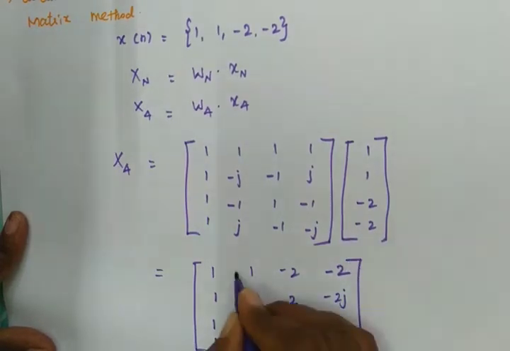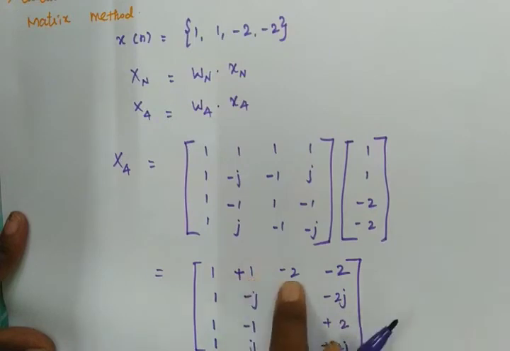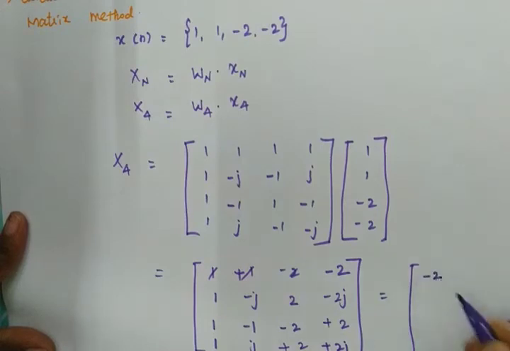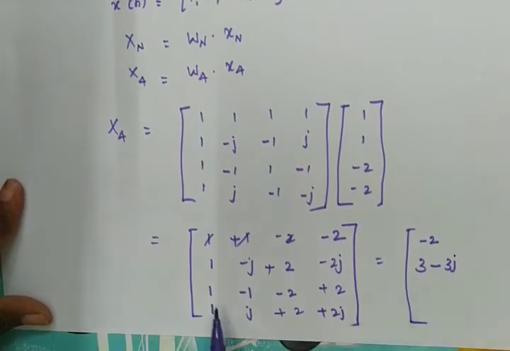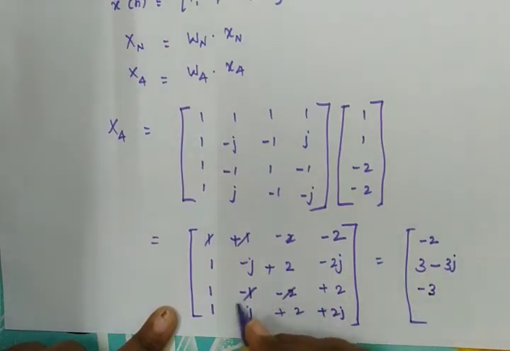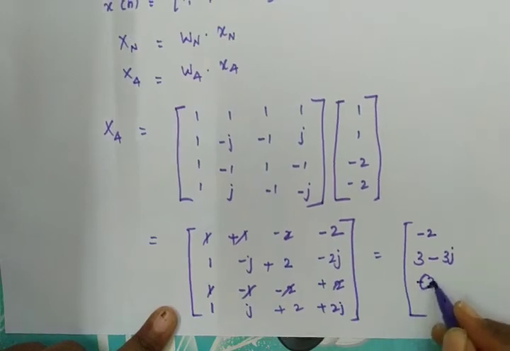Now we have to calculate this. 1 plus 1 is 2, minus 2, so plus 1 plus 2. So it is equal to minus 2. And here we have plus 2 plus 1 is 3, 3 minus 3j. Next 1 minus 1 minus 2, sorry, minus 1 minus 2, so this is 0.